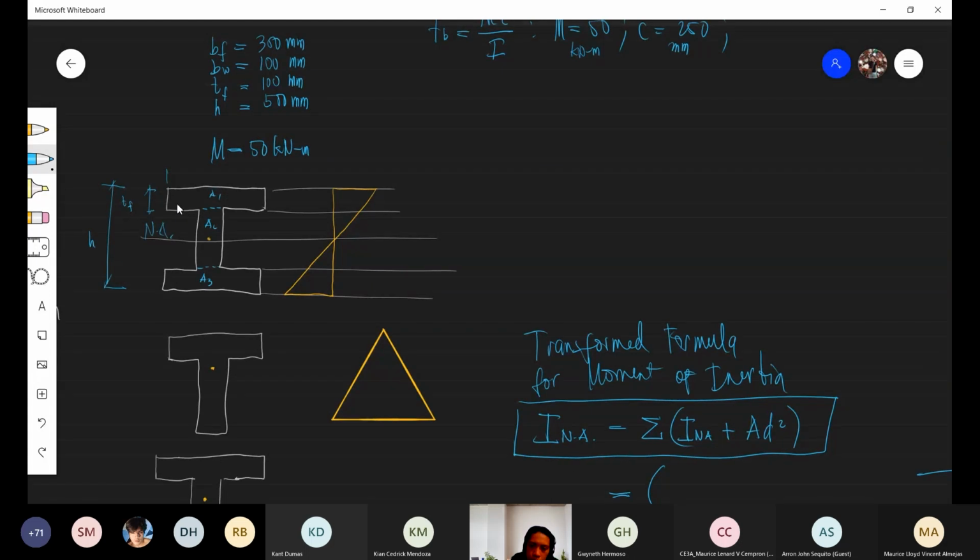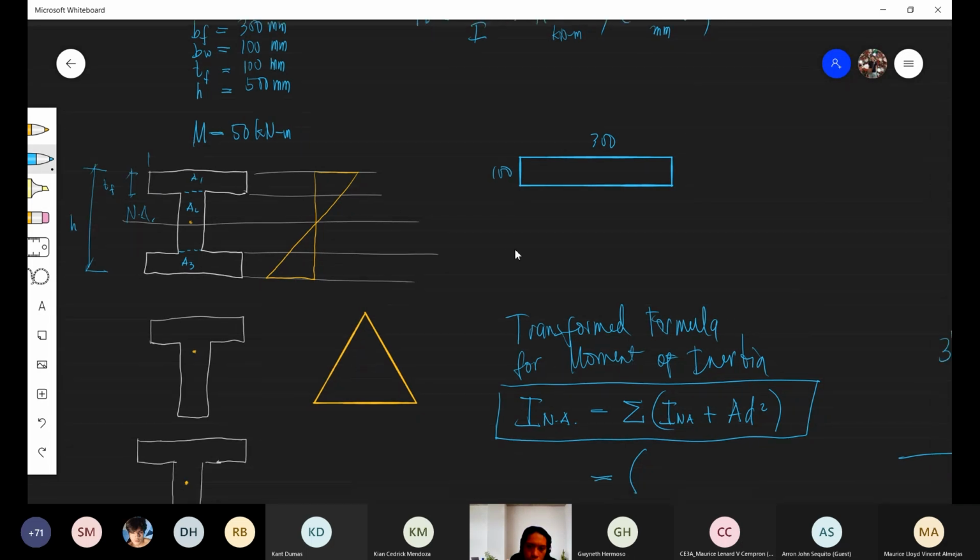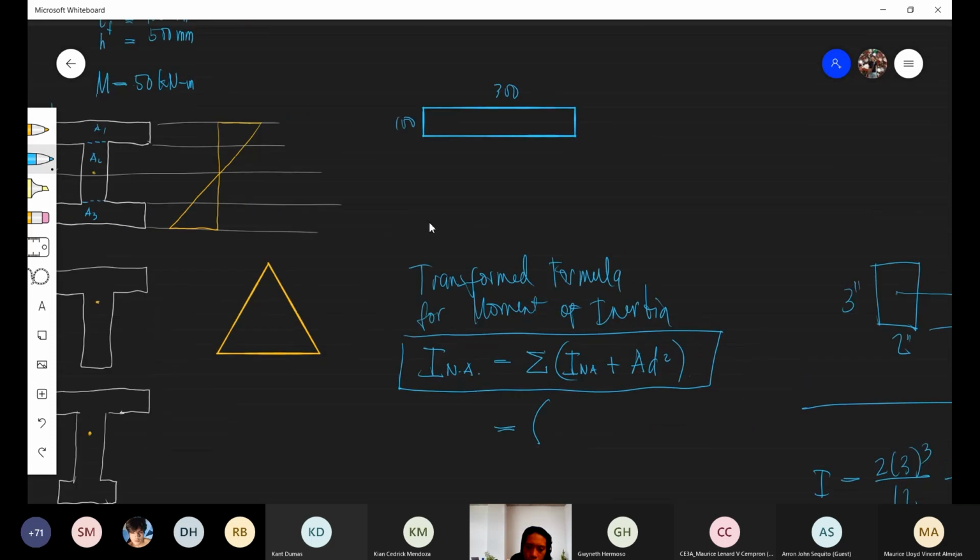300 tas 100. Di ba? Kasi ito, yan A1, 300 and 100. So, that is base times height raised to 3 over 12.